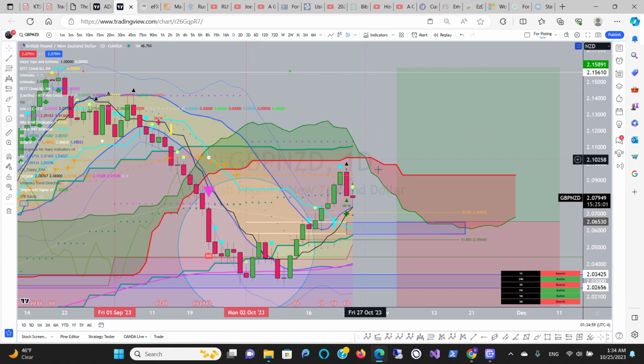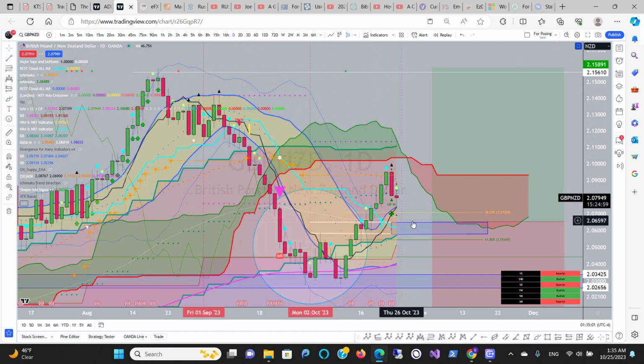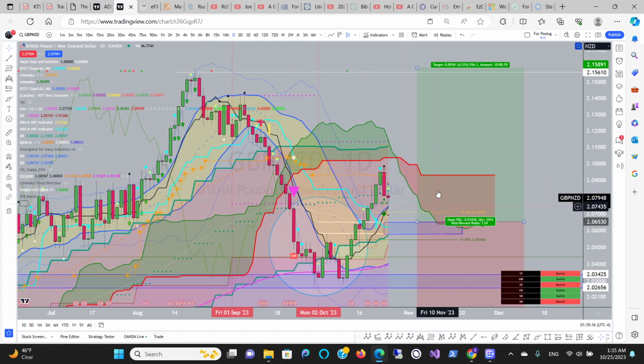Even though we're under the cloud, we're trading in the direction of the monthly chart, a weekly signal to buy, and we'll come back to test that weekly signal to buy. That's what we're looking for on a daily chart, and we'll buy this, even though it's not perfect.